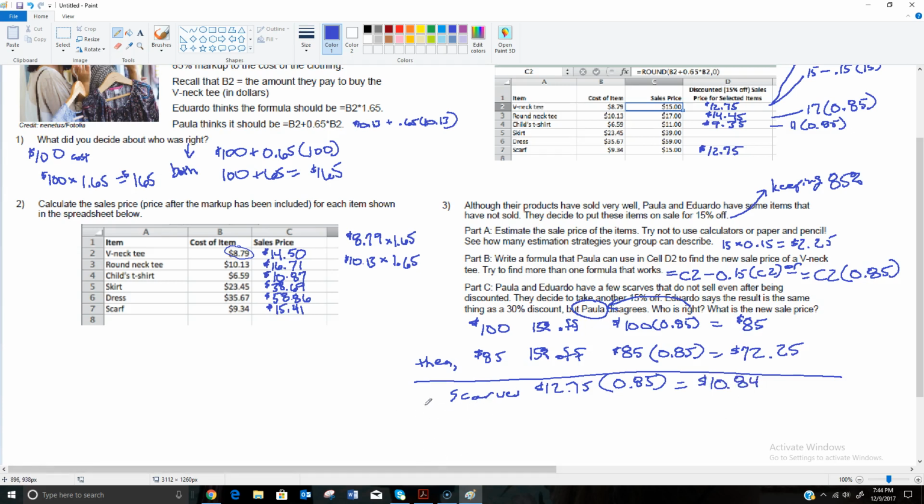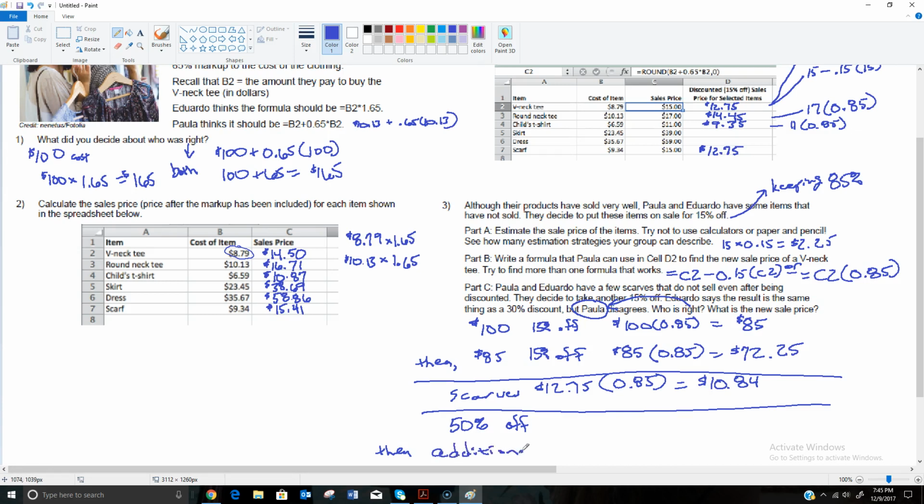Another way to describe this, if it's still not quite working, think about what if the store said 50% off, and then said take an additional 50% off, which is a lot of times what they say.